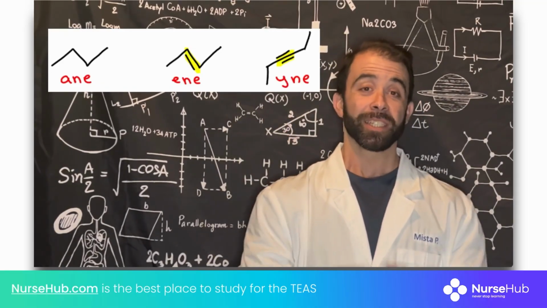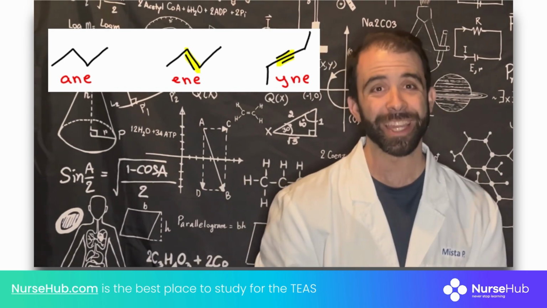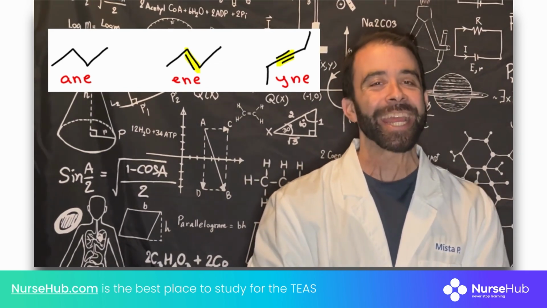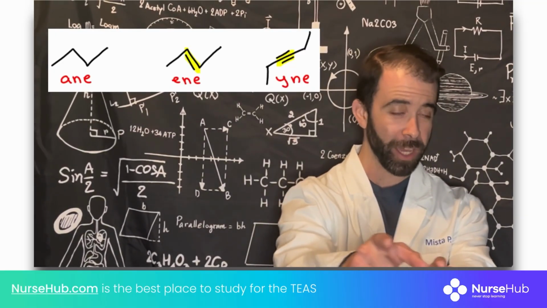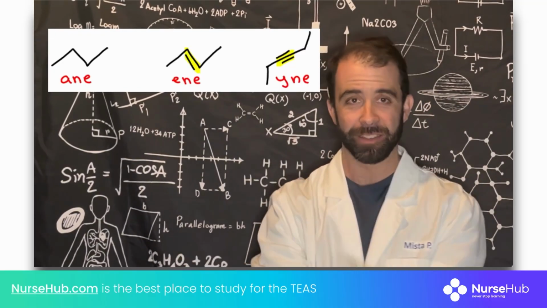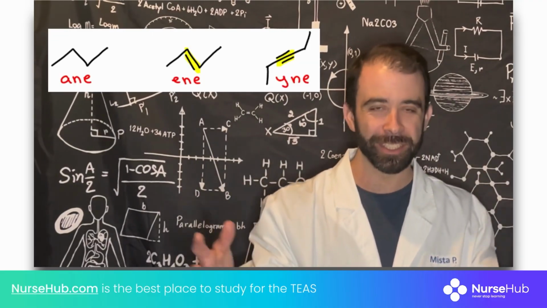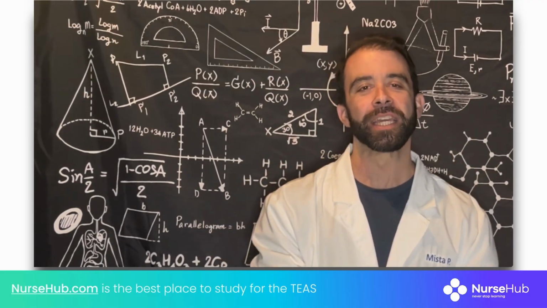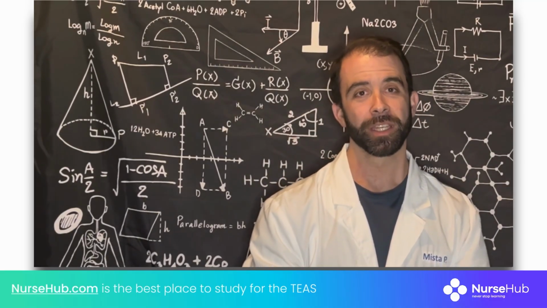If the carbon is single bonded all the way through, it's going to be an ane ending. Okay? The simplest organic compound, as an example, is methane. You probably heard of it. Methane. It's a greenhouse gas. Cows produce it. Lots of things produce it. But methane is the simplest organic compound.